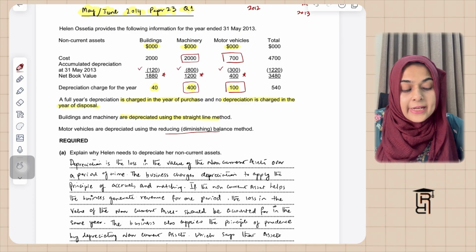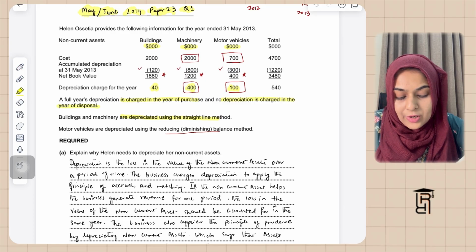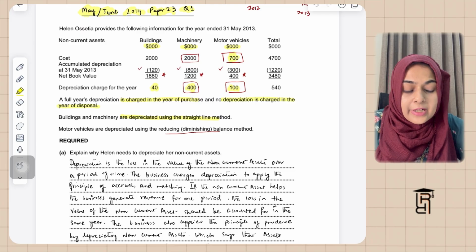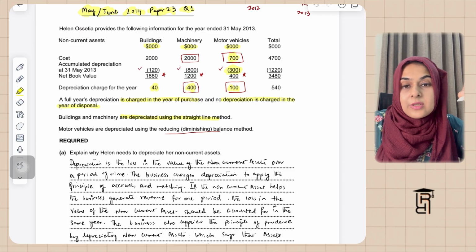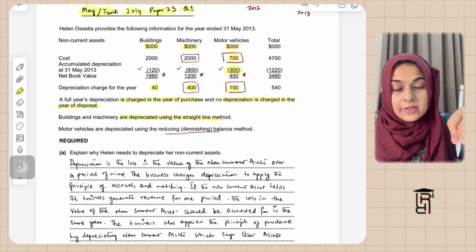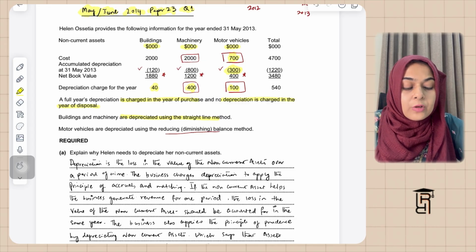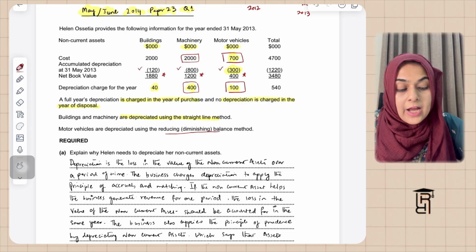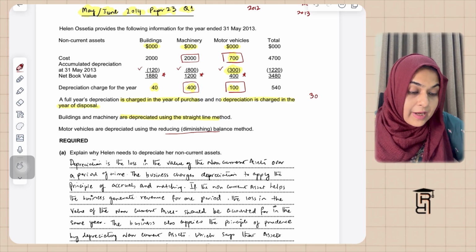So what I need to do is, the cost is 700, but accumulated depreciation, this 300, basically includes the $100 of the current year. However, 300 is accumulated depreciation at the end of the year.